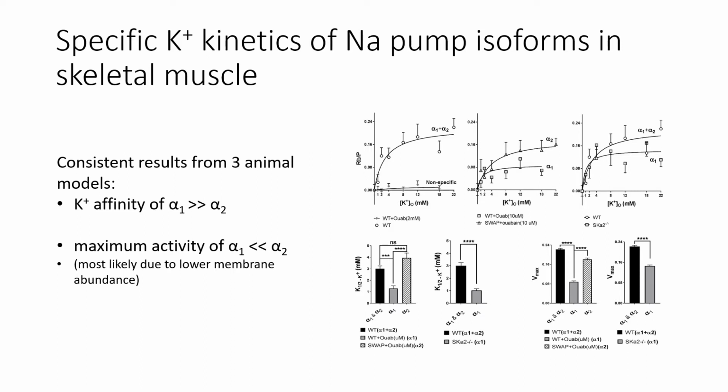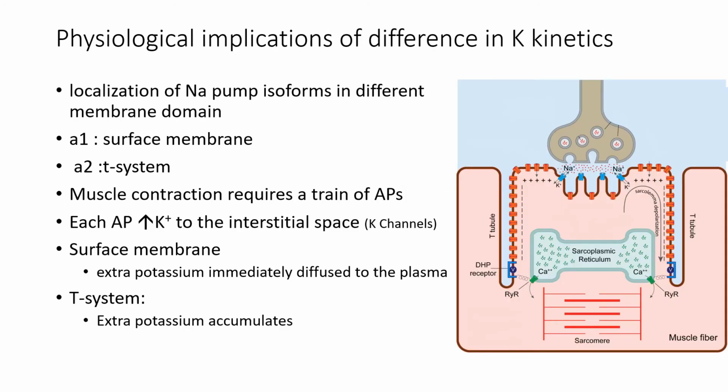The results from all three animal models are consistent, which suggests that the potassium affinity of alpha-1 is significantly higher than alpha-2. And the maximum activity of alpha-1 is significantly lower than alpha-2, which is probably due to the lower membrane abundance of alpha-1 compared to alpha-2 in skeletal muscle.